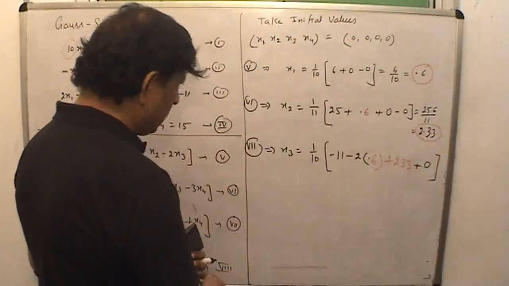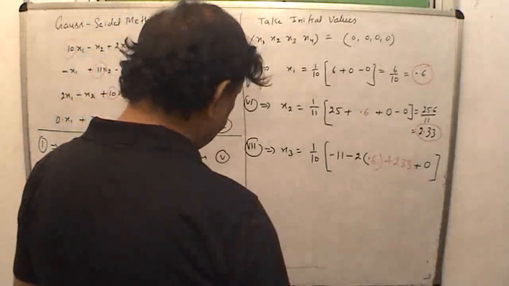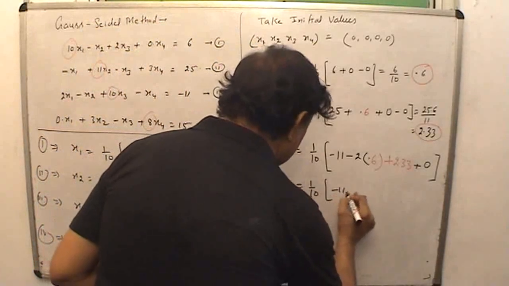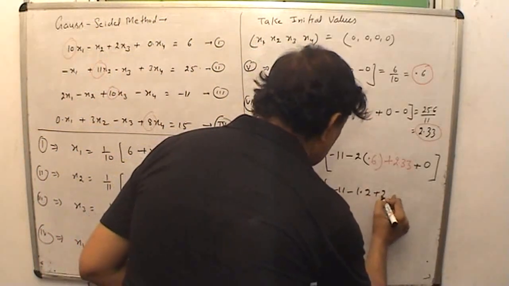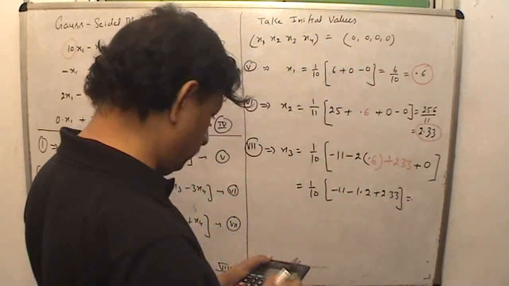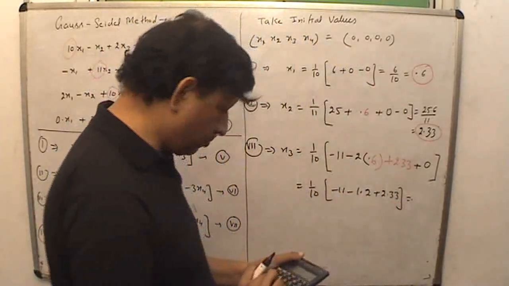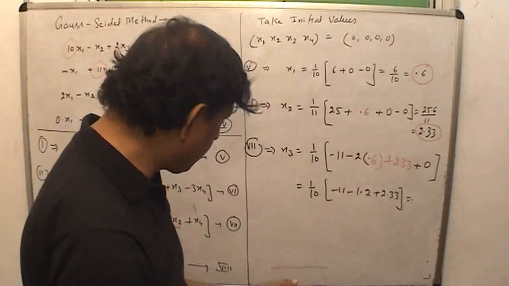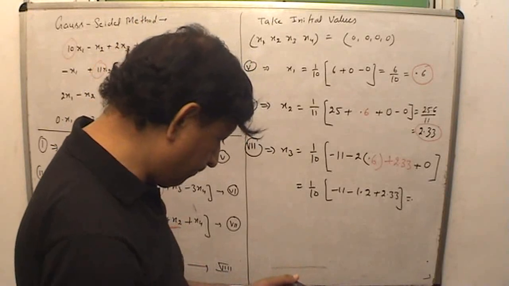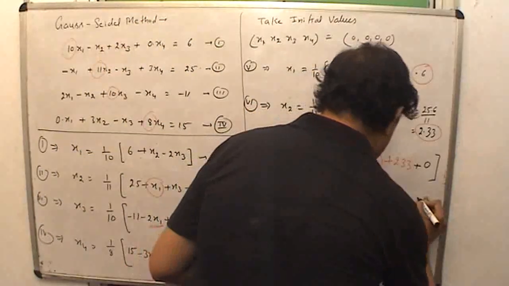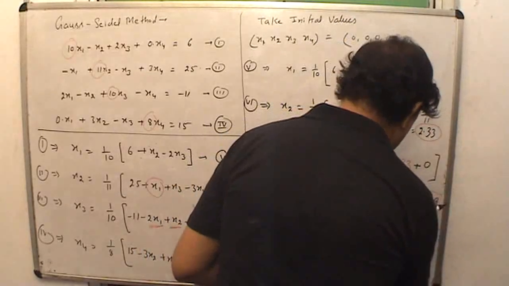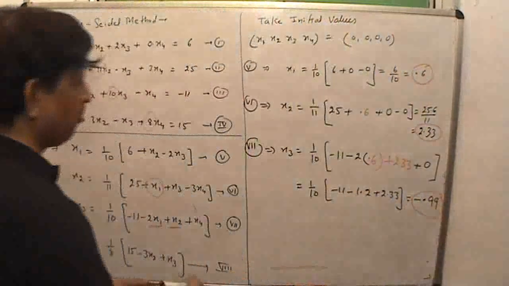Now we calculate it: that is equal to 1 by 10 into minus 11 minus 1.2 plus 2.33, and that's equal to minus 0.99. We are rounding off the values up to 2 decimal places.